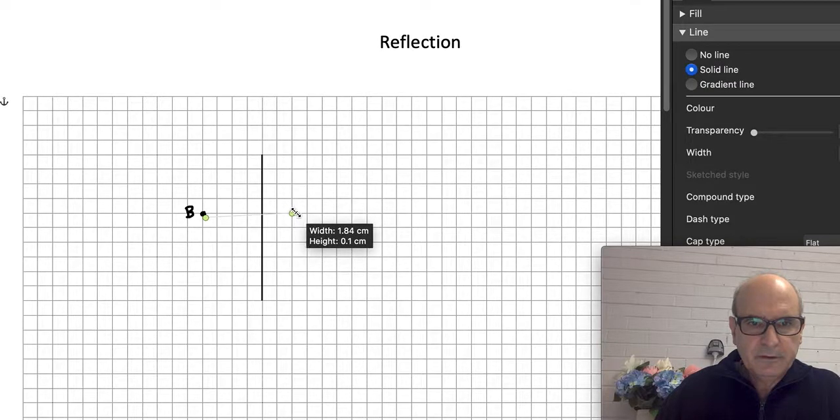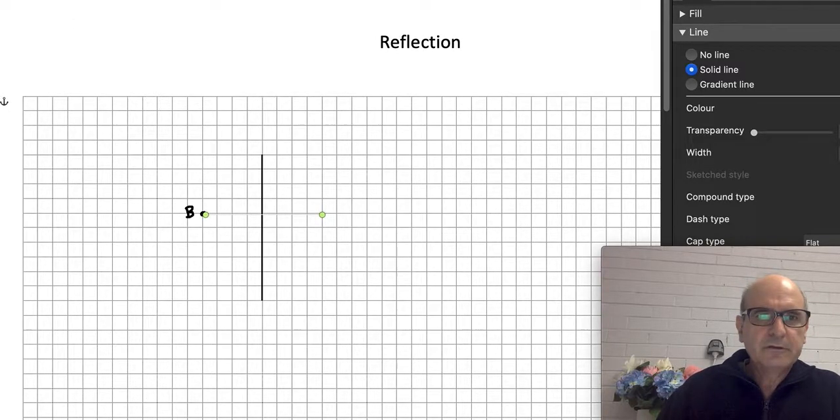We come perpendicular to the line, and we go exactly by the same distance. So here, for example, is 4 units, 1, 2, 3, 4, and we go 4 units on the other side. So 1, 2, 3, 4. So that gives us the reflection of the point B.